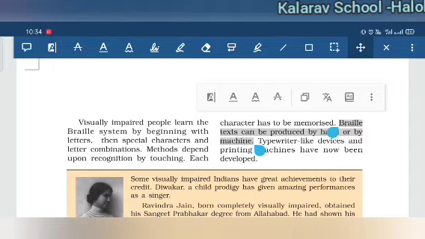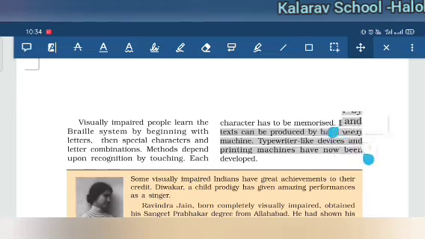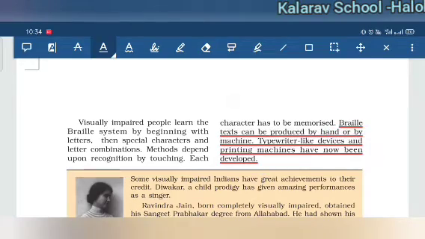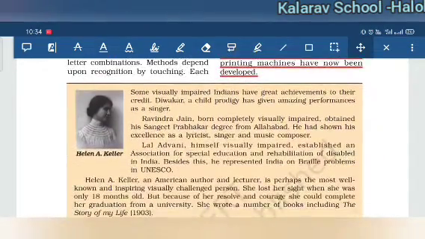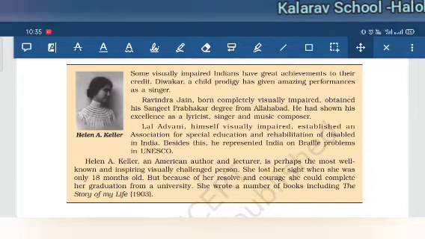Typewriter-like devices and printing machines have now been developed for this system. So we can say that the Braille system is used for visually impaired persons. In special education the visually challenged person can read, write and study and take a degree from any university.